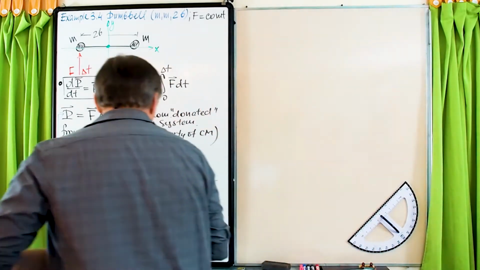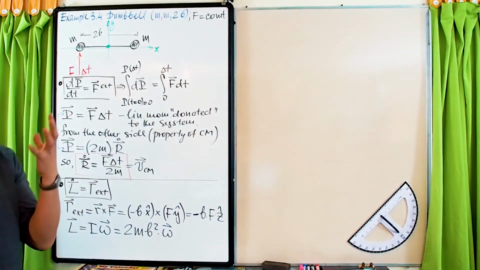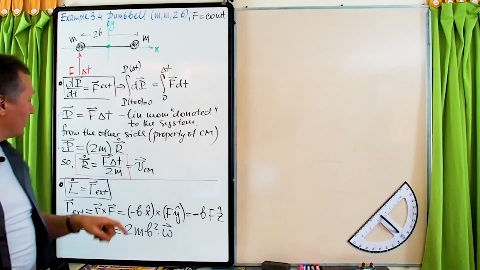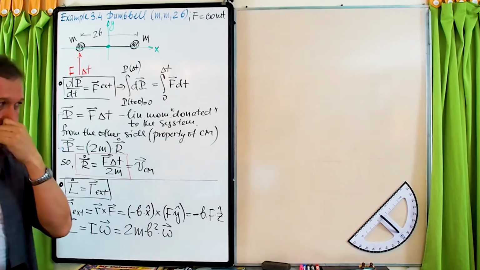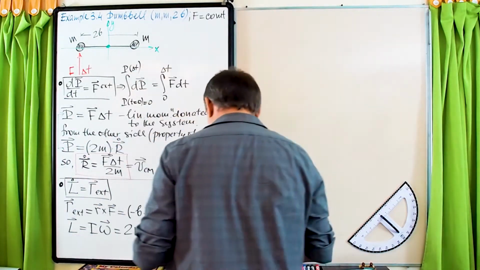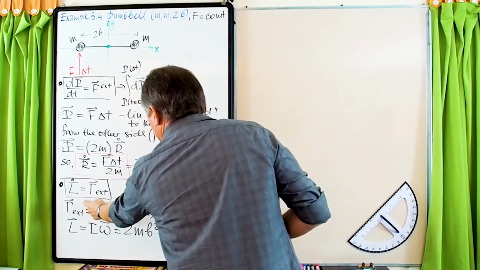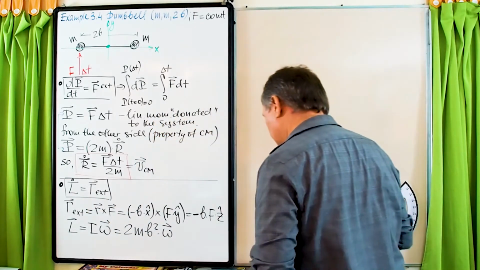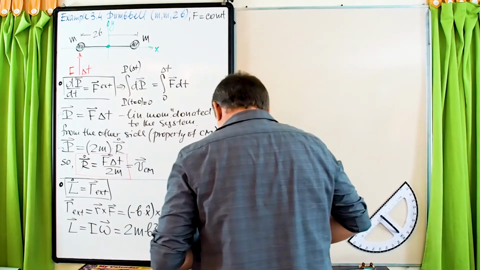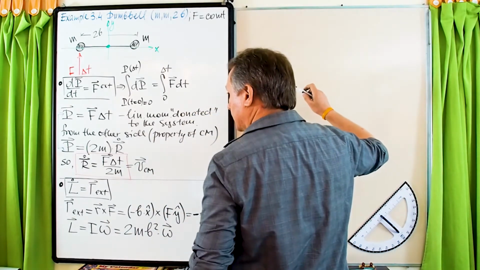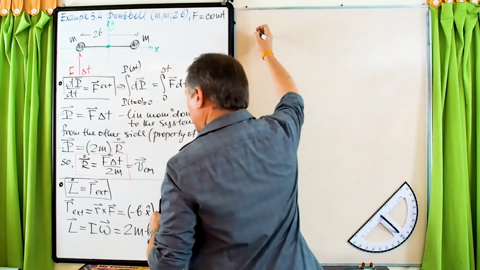First I want to calculate the amount of angular momentum dumped into the system, like over here, right? So I want to use the same approach, the same method. I will integrate this once in order to get the amount of angular momentum.